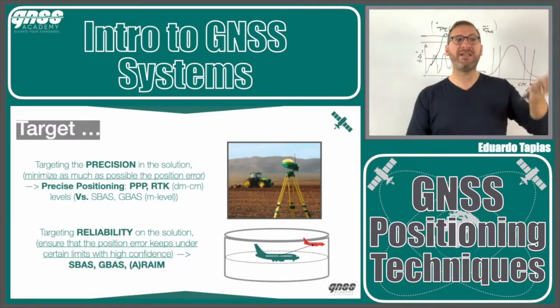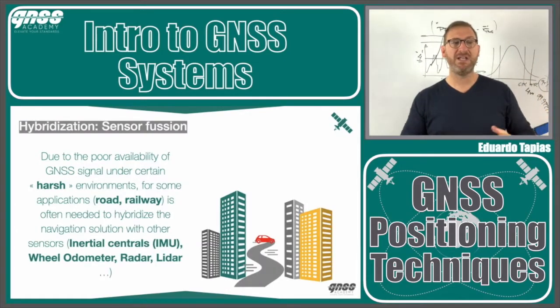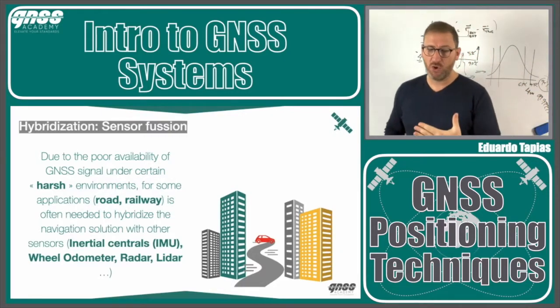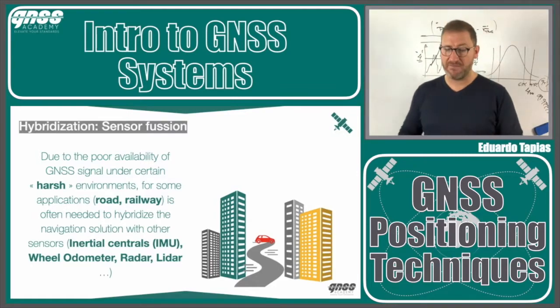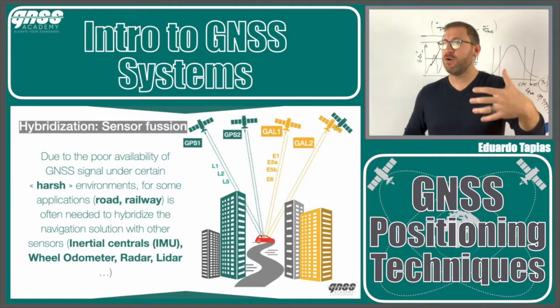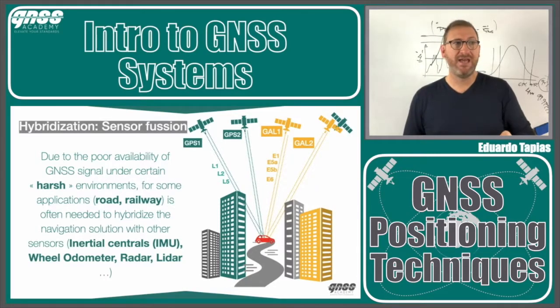Other applications, for example road or railway, are usually going through very harsh environments where the GPS or satellite constellations are masked and we cannot access the signals. It's not enough to have only a GNSS solution, because sometimes we don't have any solution.